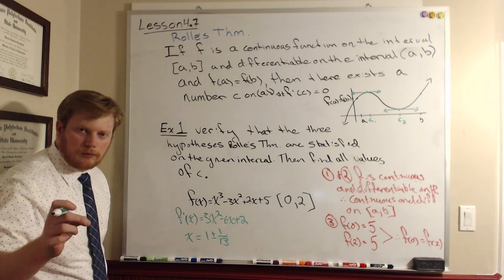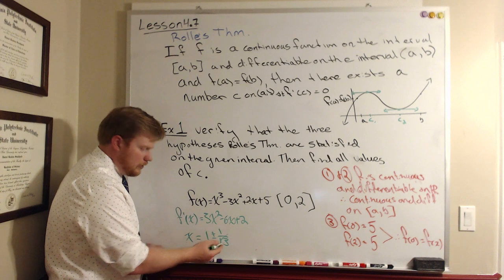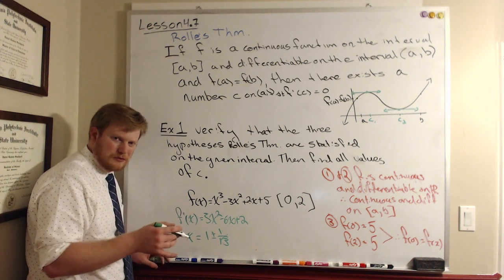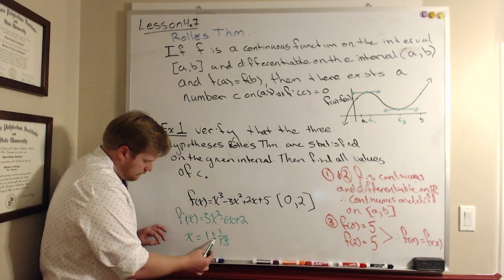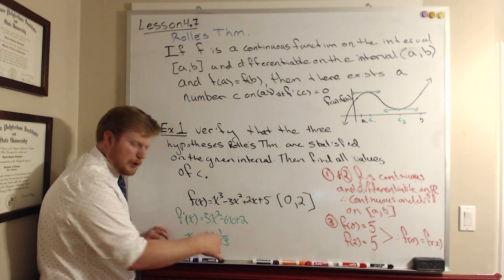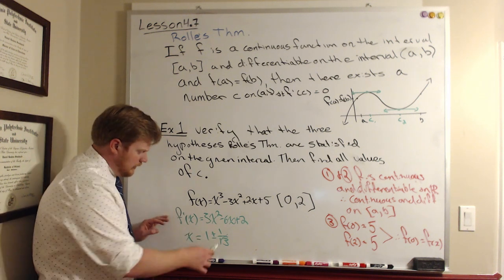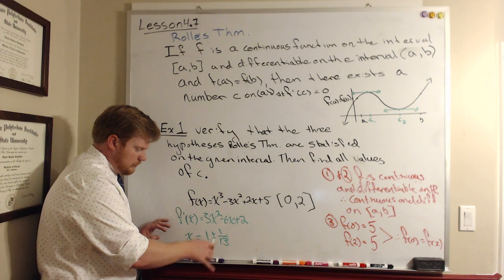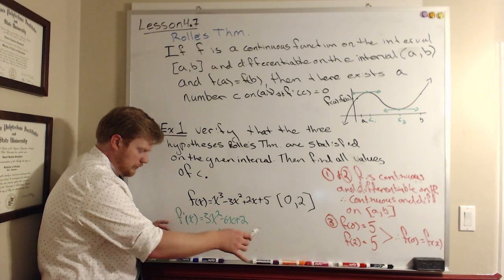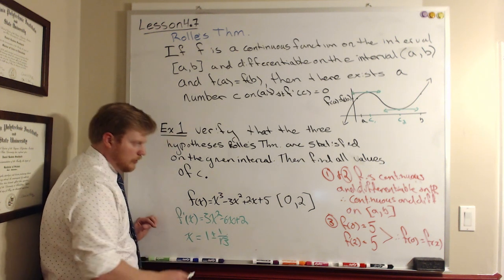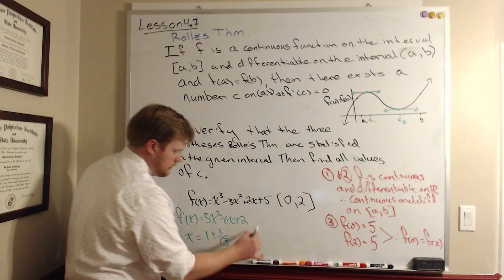The square root of 3 is 1.732, so 1 over the square root of 3 is less than 1. In fact, both of those values are between 0 and 2.